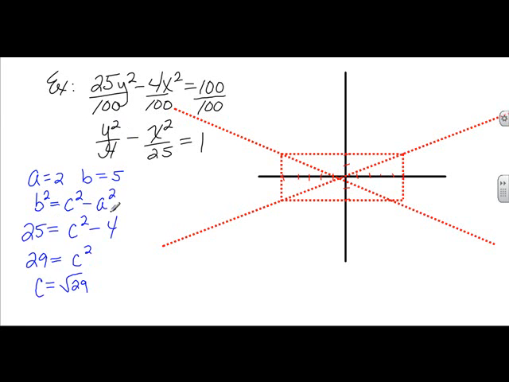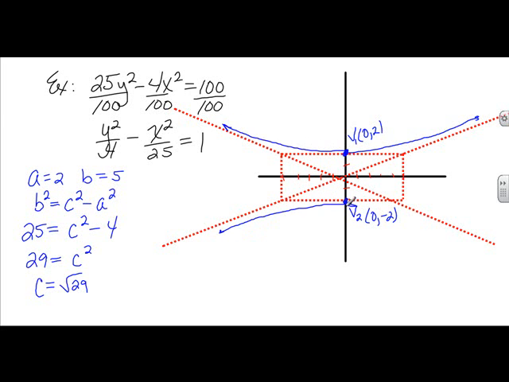So we have a vertex at 0, 2. We have a second vertex at 0, negative 2. And you can sketch the curve. This one is really, really wide. Okay, that's pretty bad, but you get the picture.